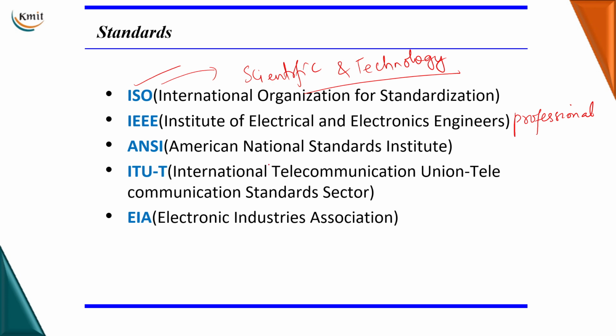ANSI is a non-profit, private organization not related to the government of America, but it is used to standardize many technologies and computations. ITU is the telecommunication standard body, which gives standards and regulations for the telecommunication sector.